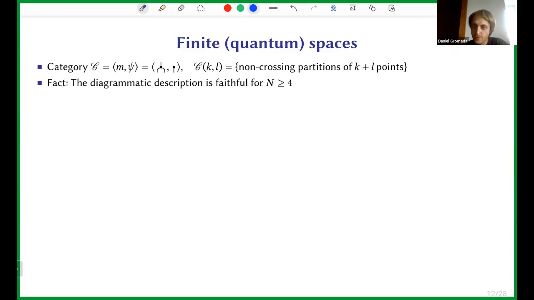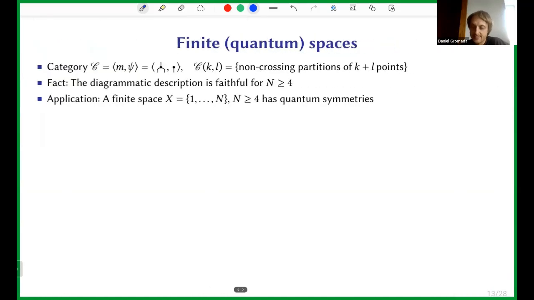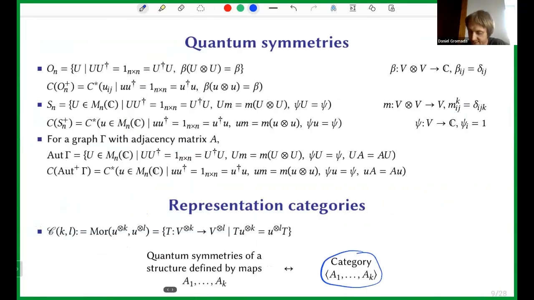And what's that good for? Well, the first application might be that every finite space for any n greater or equal to 4 actually has quantum symmetries. Why? Well, let's go back. What does it mean that something has quantum symmetries? By this, I mean that this algebra here is actually non-commutative.